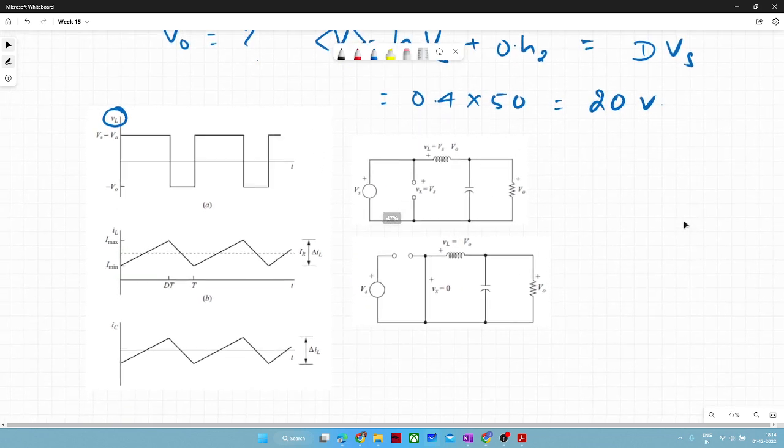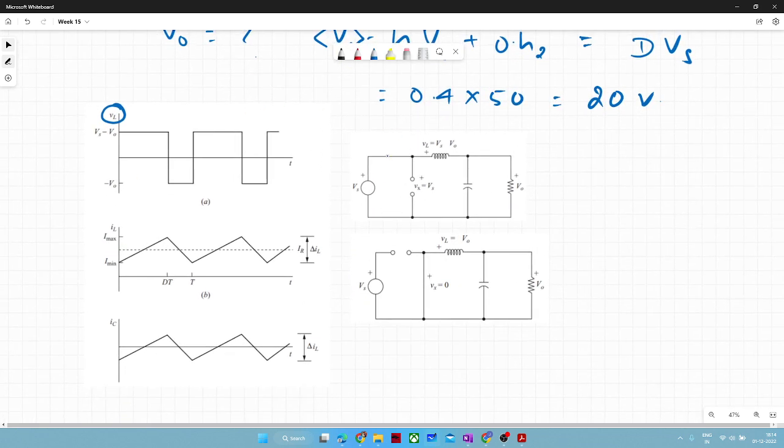So when this switch is getting turned on, this VL voltage is nothing but Vs minus V naught. And when this switch is getting turned off and diode is on, this VL is nothing but minus V naught, right? VL plus V naught is equal to 0 by KVL. So that will be minus V naught.